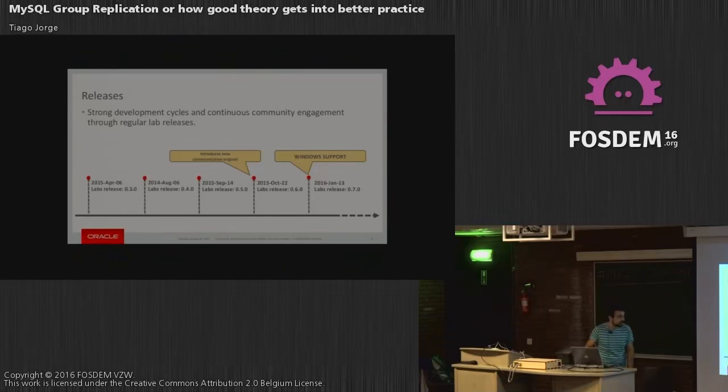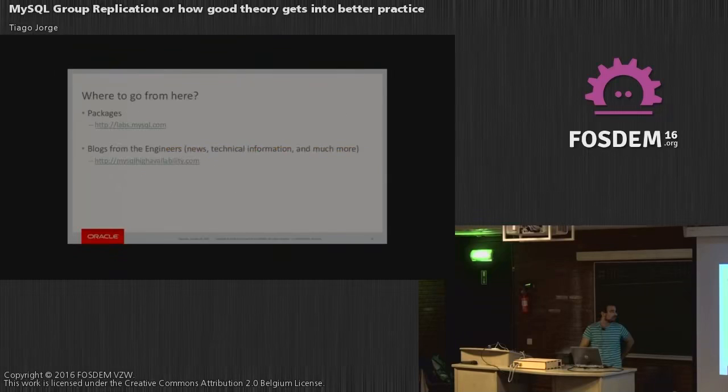And in the last release, we have Windows support. It's interesting that it gave some work to have it working, but it's cool. The packages are on labs, and we blog a lot about this. When we have new releases, we do lots of blogs.